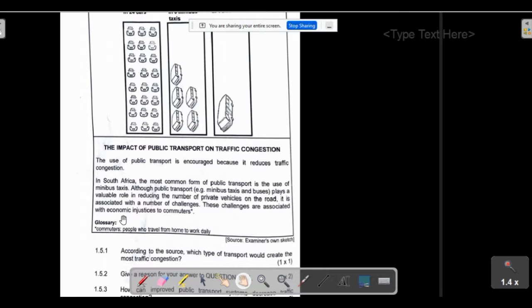the economic perspective. So how are they unfair in terms of the economic part? Now I can personally say that where I stay, which is a township actually, economic injustices from public transport is real.